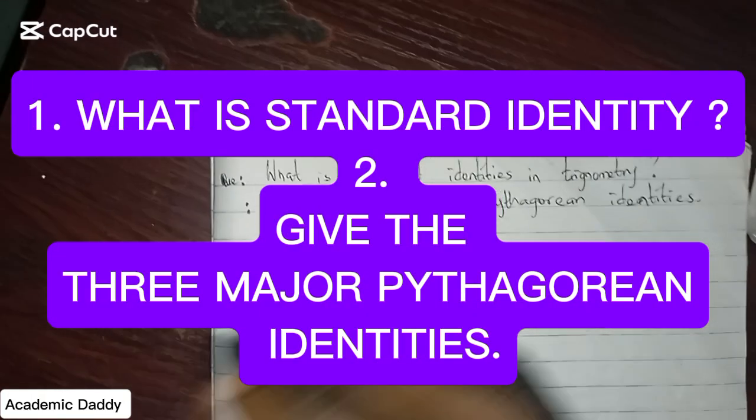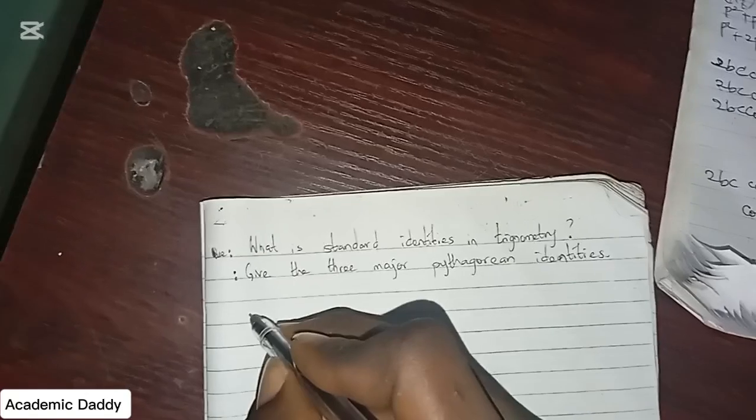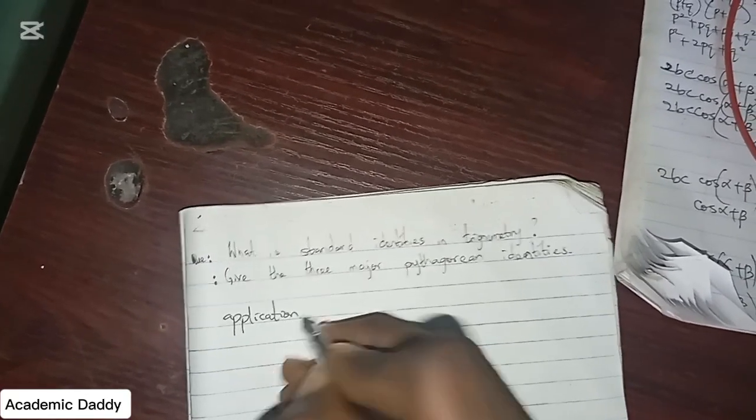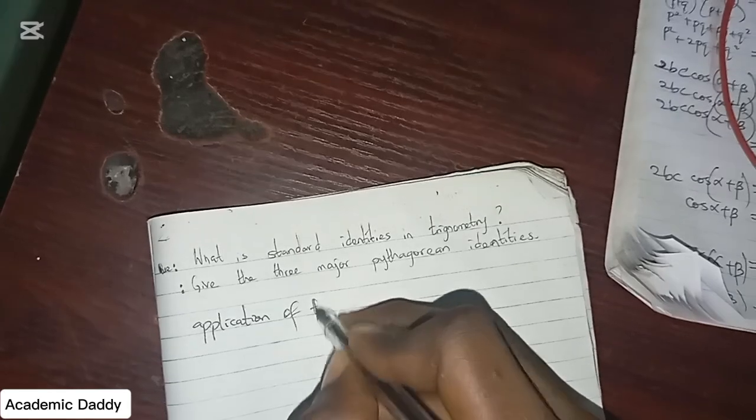Identities are the relationships that show the relationship between the six trigonometric ratios. But if put properly mathematically, standard identities are the identities gotten from the application of the Pythagoras theorem.